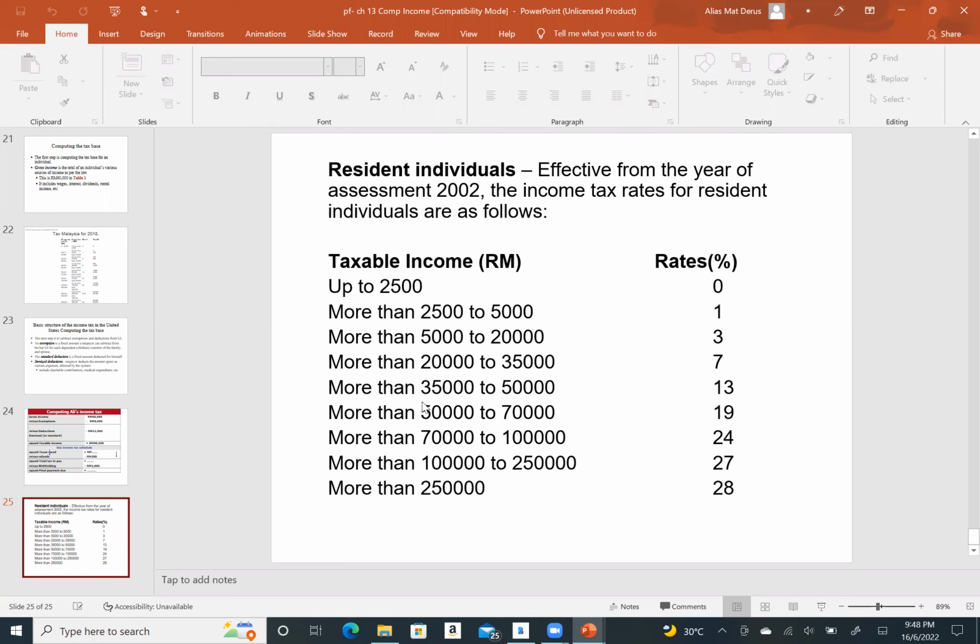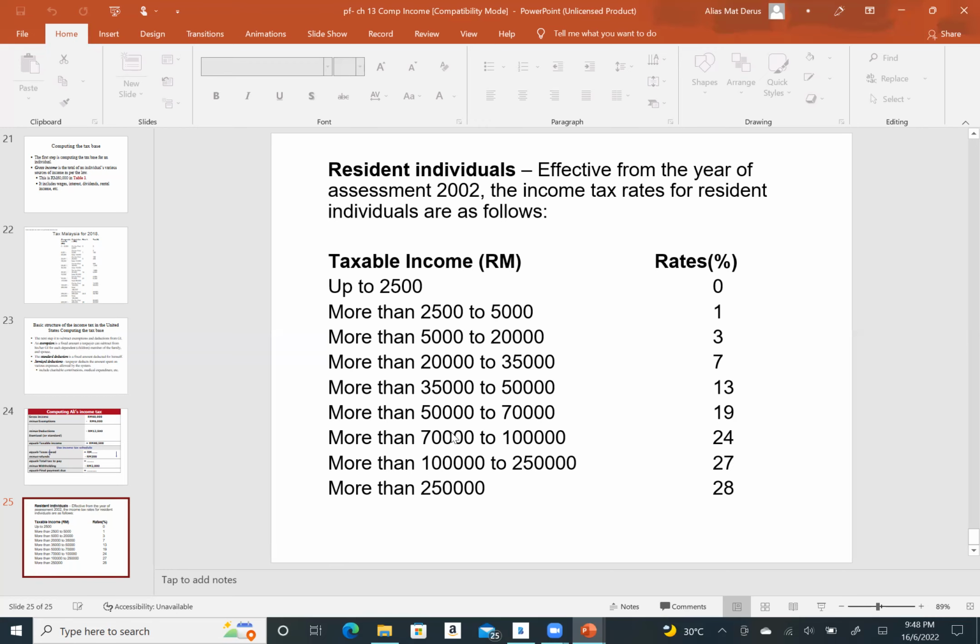For each bracket, the rates are different. The example that I have here is from 2002, but this is the basis. If you look at it now, the brackets have changed, the rates have changed, but the system doesn't change.